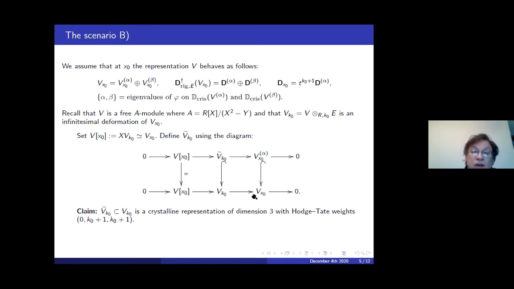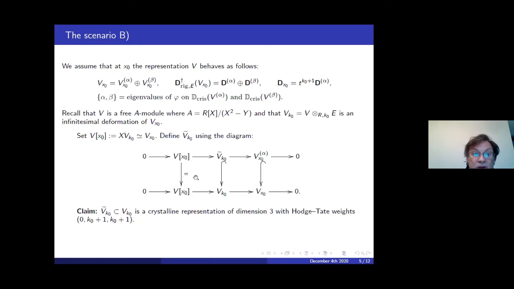We only want to study the deformation of this one-dimensional direct summand, which corresponds to the eigenvalue alpha. From general arguments, it's easy to see that Vk0 tilde is a crystalline representation of dimension 3. Vk0 is of dimension 4 over E. Vk0 tilde is of dimension 3 over E, with Hodge-Tate weights 0, K0 plus 1, K0 plus 1.